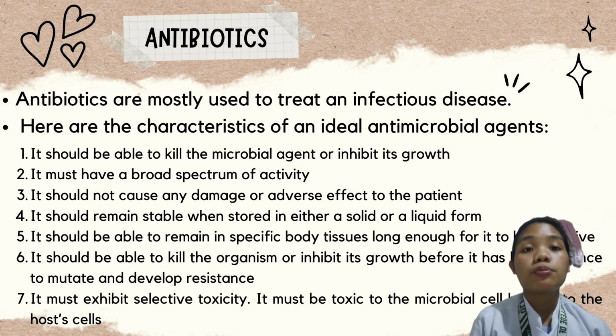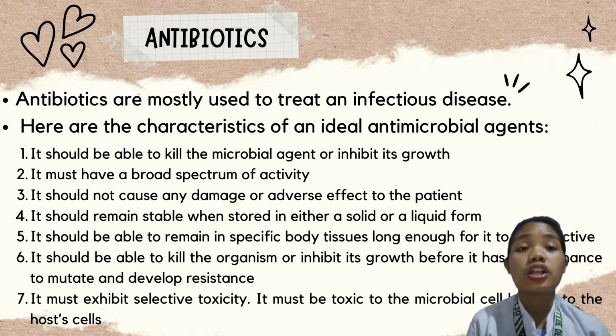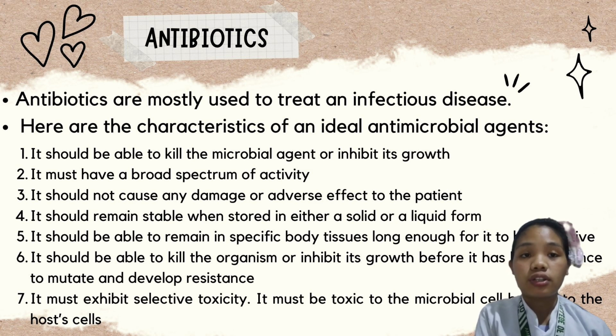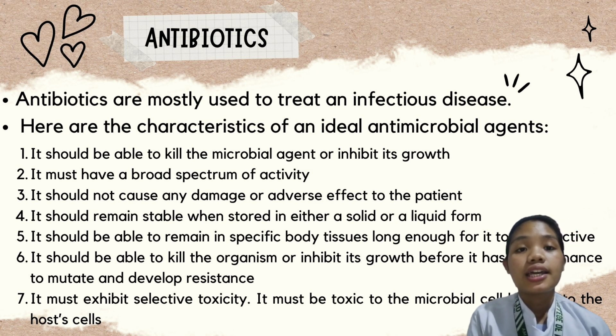Here are the characteristics of an ideal antimicrobial agent. First, it should be able to kill the microbial agent or inhibit its growth. Second, it must have a broad spectrum of activity. Third, it should not cause any damage or adverse effect to the patient. Fourth, it should remain stable when stored in either a solid or a liquid form.